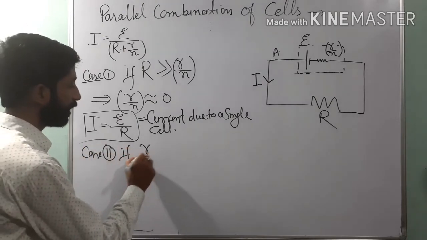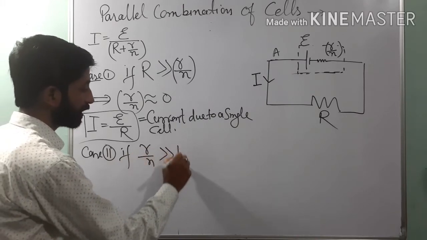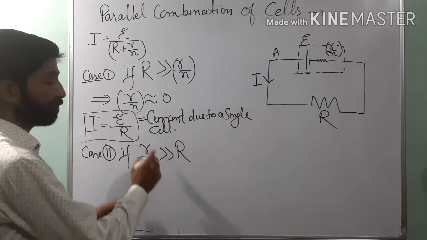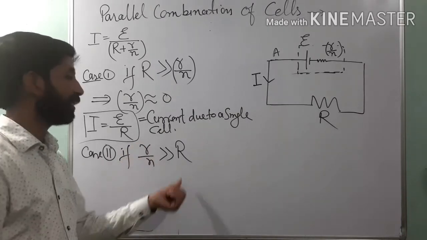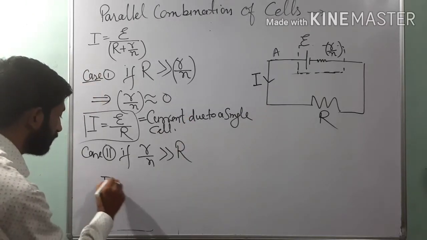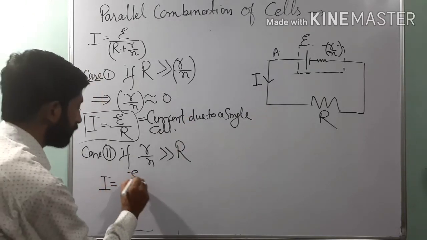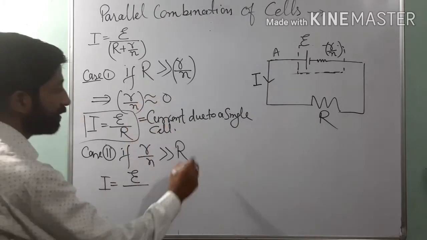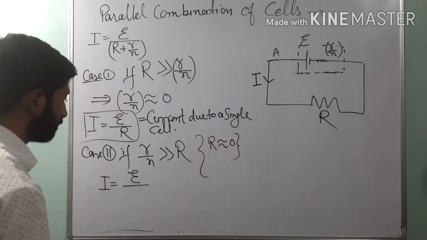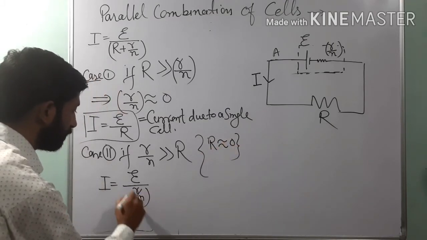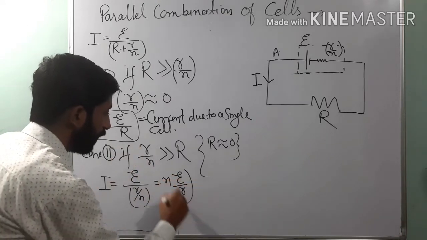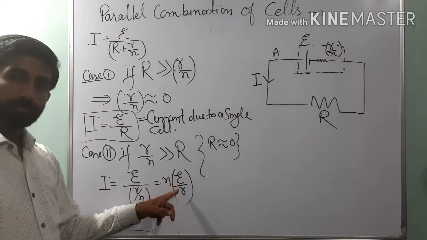Now case 2 is just the opposite of this. If R over N is much larger than the external resistance, meaning the internal resistance of the cell combination is quite higher, much larger than the external resistance, then I is equal to the EMF of the cell, and we take this external R as approximately 0. So R over N, and as N goes up, it becomes N times E over R. This is very important.